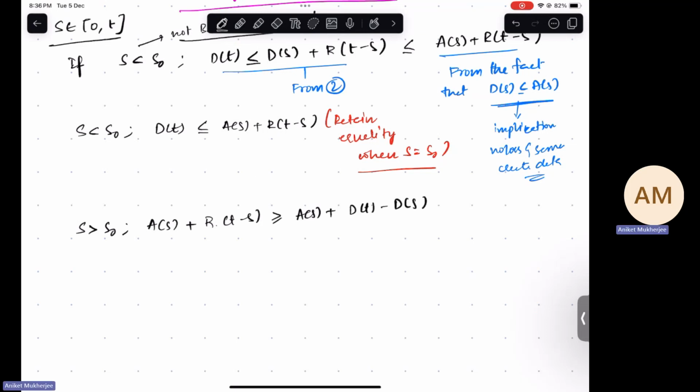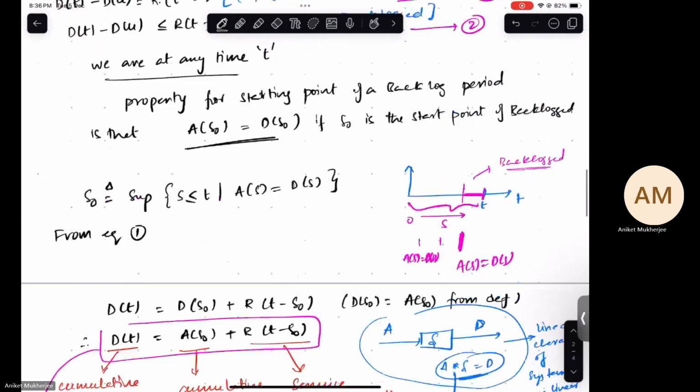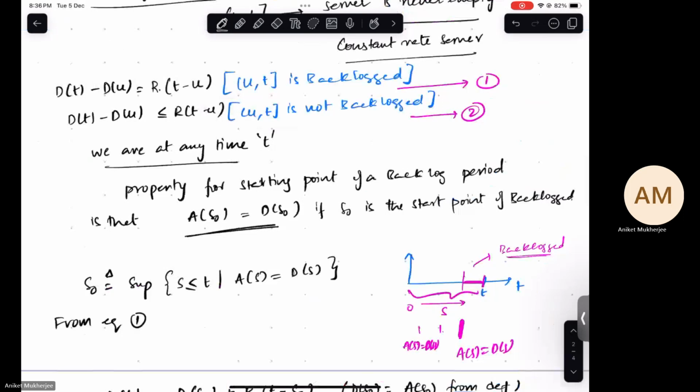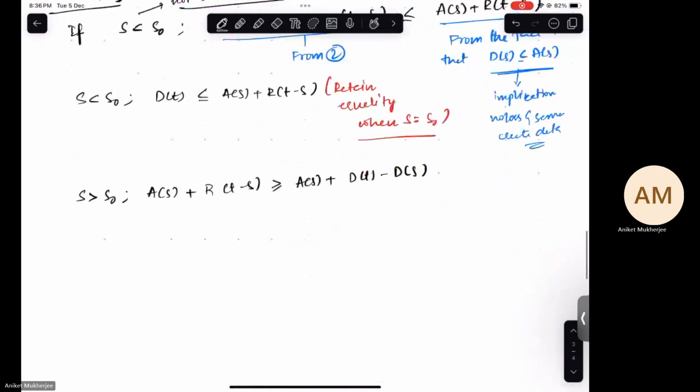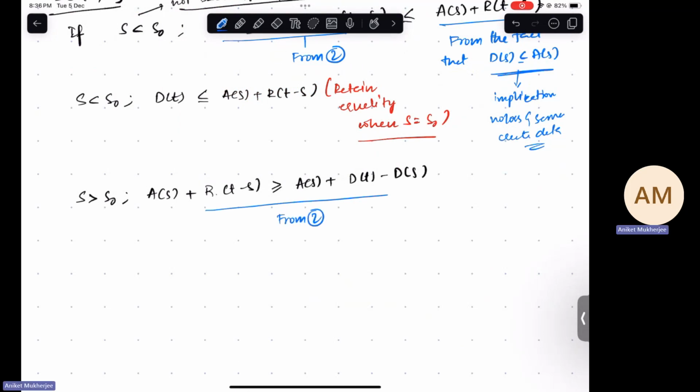Okay, where does this come from? This also comes from equation 2, where you have r(t minus s) is greater than d(t) minus d(s).